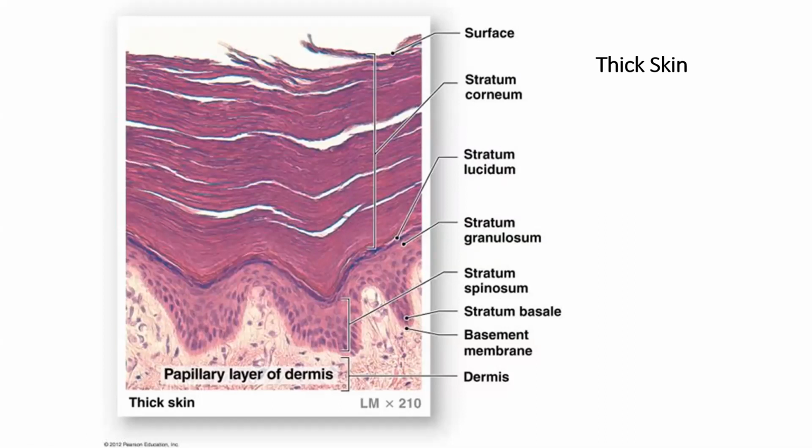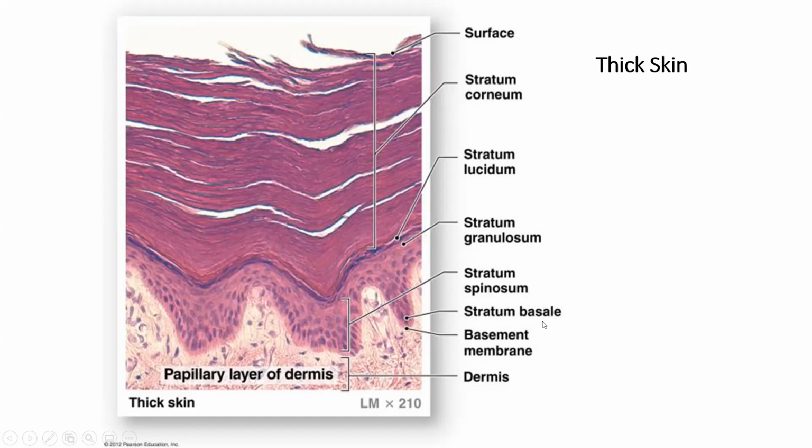In thick skin, there are 5 layers, whereas in thin skin, there are only 4. If you think about where on the body there is a tendency to develop calluses, that is typically where you'll find thick skin and all 5 layers we just talked about.